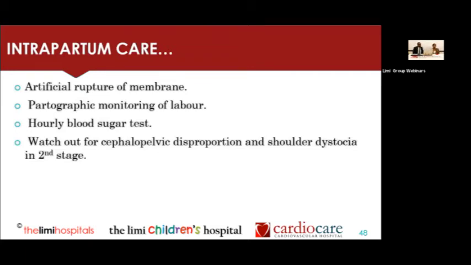So in between two examinations, the cervical dilatation remains the same. Then you now start to suspect. However, you can definitely say that there is some form of cephalopelvic disproportion when you have evidence of fetal-maternal squeeze vis-a-vis increasing caput or molding. So you need to watch out for that.